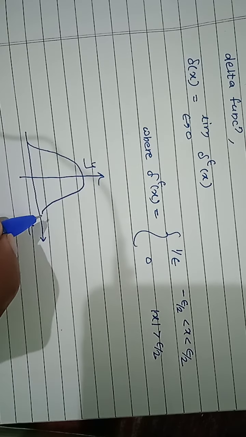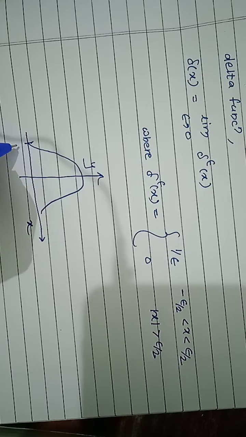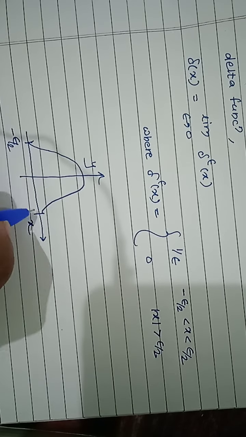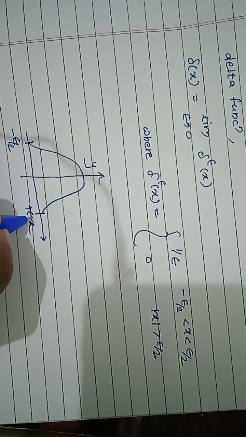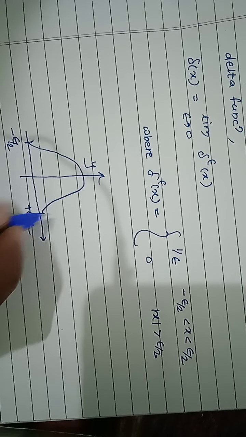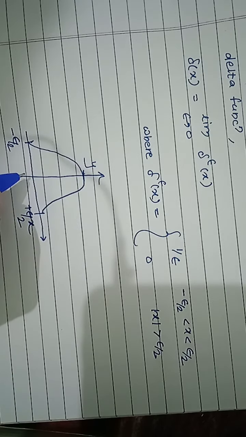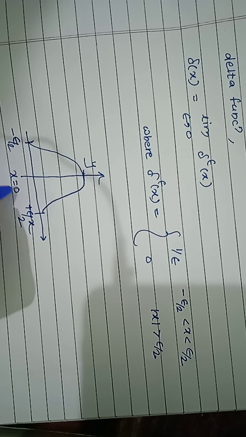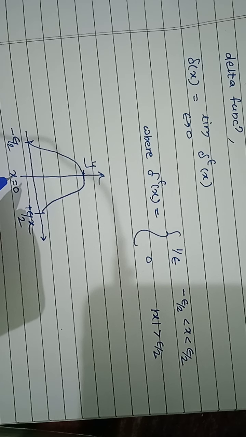The delta function looks like this, with points at negative epsilon by 2 and positive epsilon by 2, and at x equal to 0 the function is maximum.